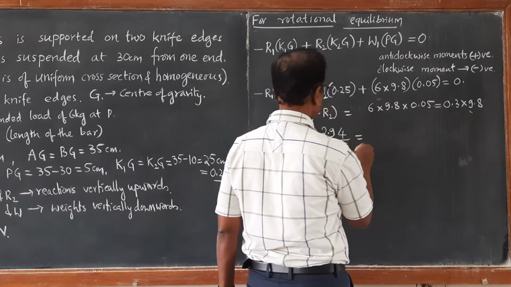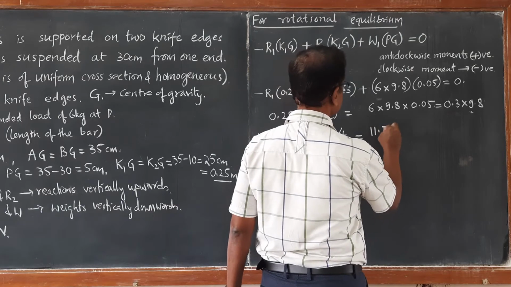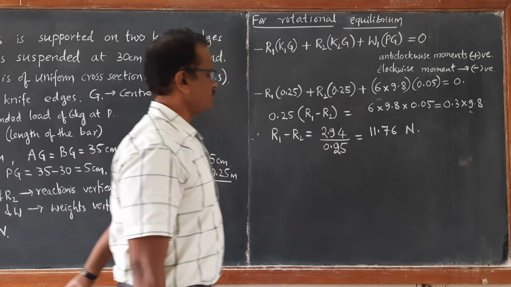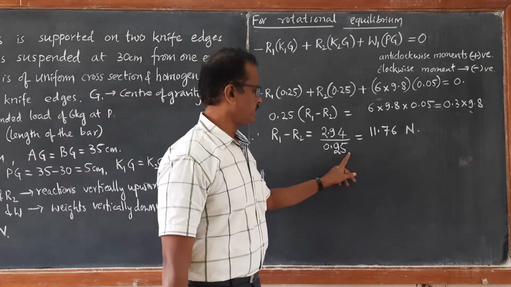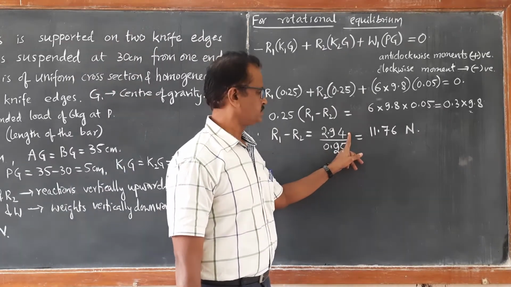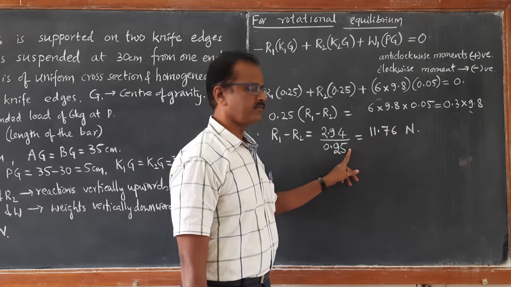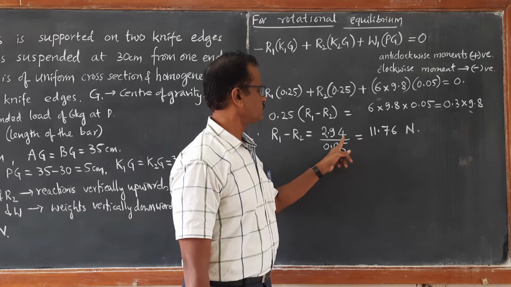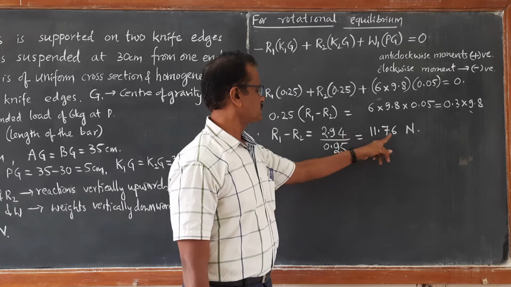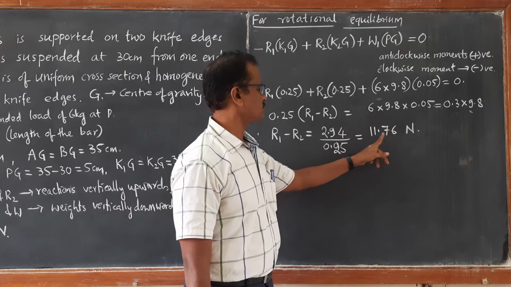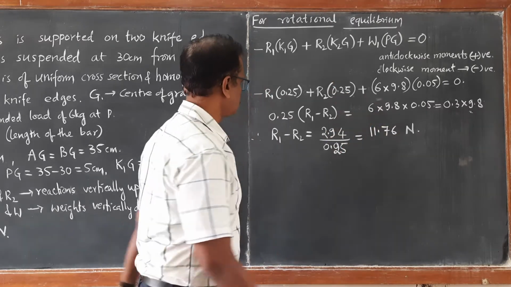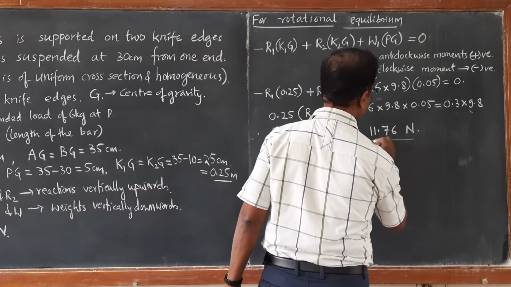Multiplying denominator and numerator by 4 each, the denominator becomes 1, and the numerator comes out to be 4 4s are 16, carry 1, 4 9s are 36 plus 1, 37, carry 3, 4 2s are 8 plus 3, 11.76 Newton. So R1 minus R2 is 11.76.